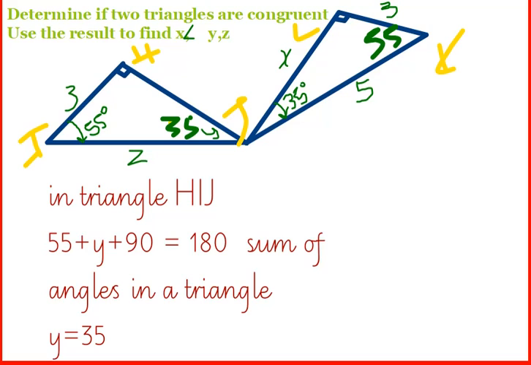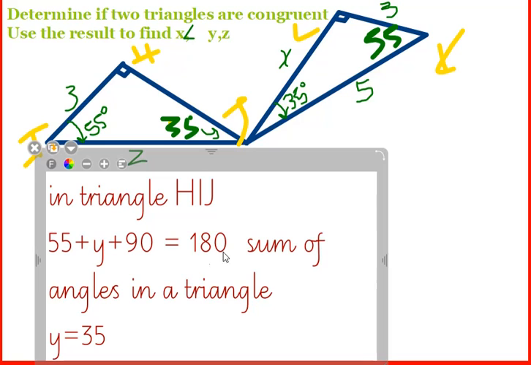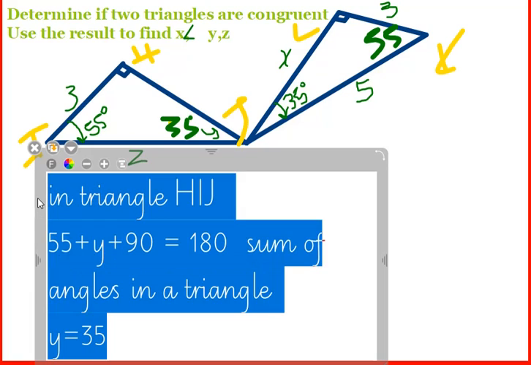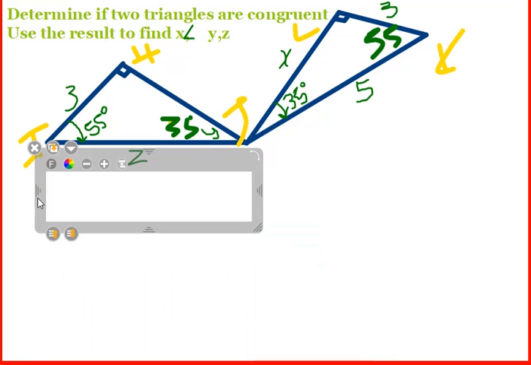So now we have all the angles, and let's see if we can solve it using anything to do with angles. The one that we can do right now is either right angle, 90 degrees hypotenuse side, or angle side. So let's have a look at angle side. So we are going to say JIH.